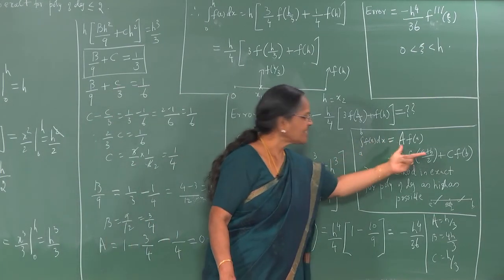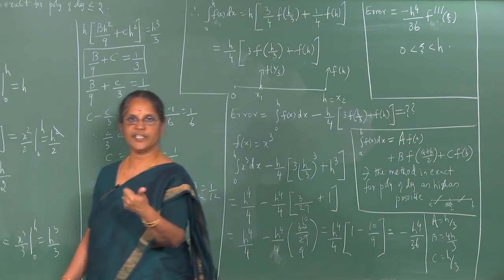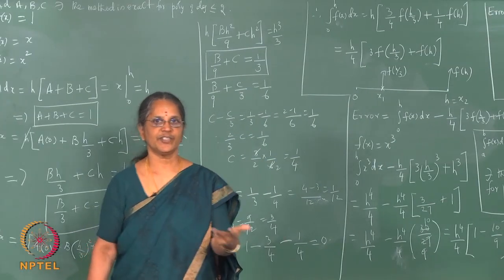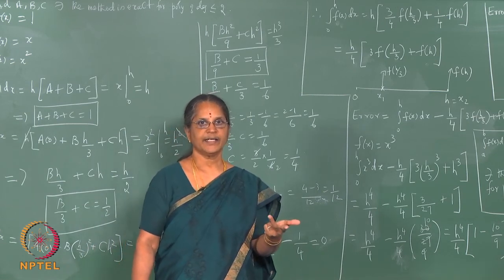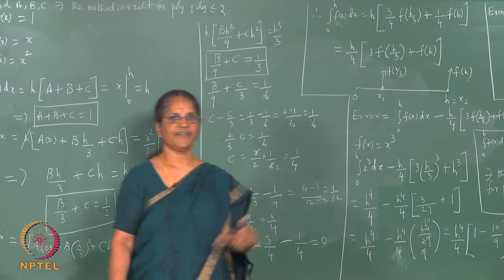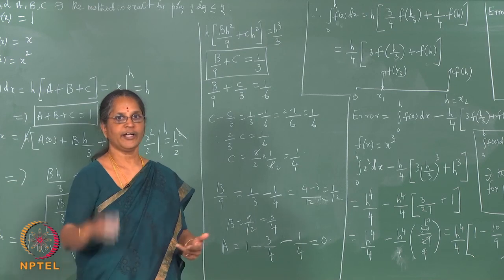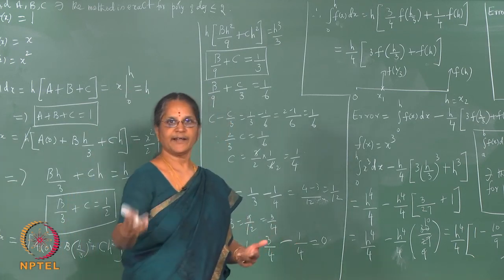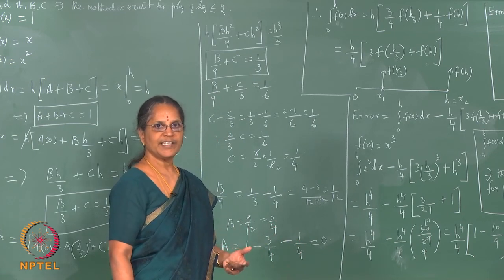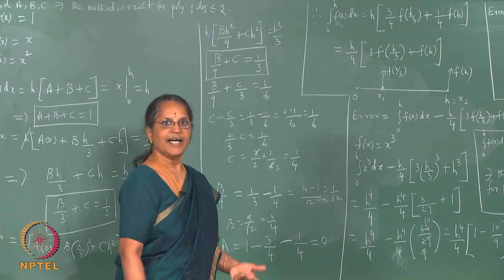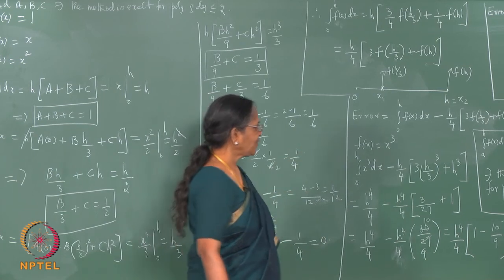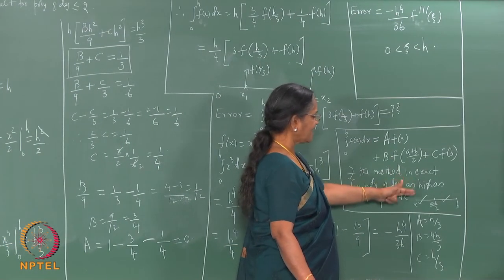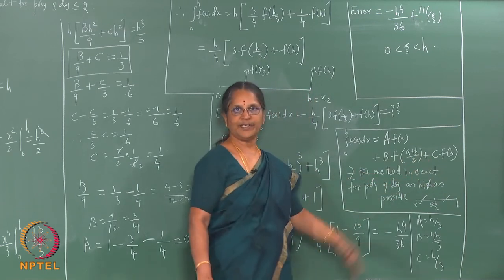You require 3 constants. So, polynomials of degree 0, 1 and 2. You will use these 3 conditions to derive A, B and C. Then check what happens when f of x is equal to x cubed. You already know the result about the error in Simpson's rule. Check what happens and then work out the details, because you want the method to be exact for polynomials of degree as high as possible.